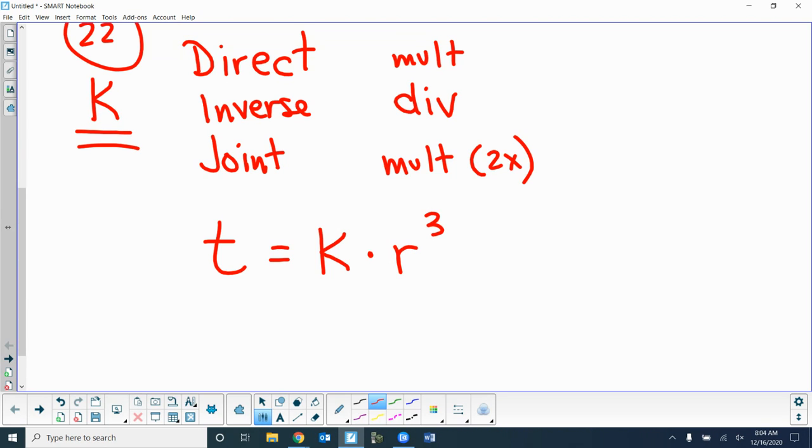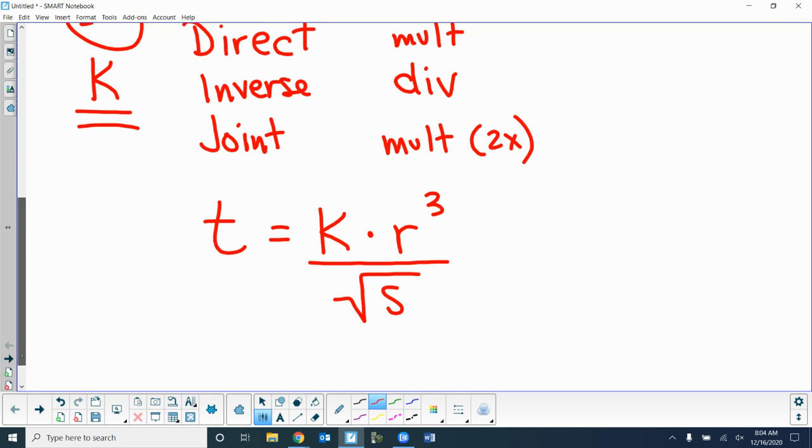And inversely, so this was a combination one, divided by the square root of S. So there's our little equation from that statement. T varies directly as the cube of R and inversely as the square root of S.